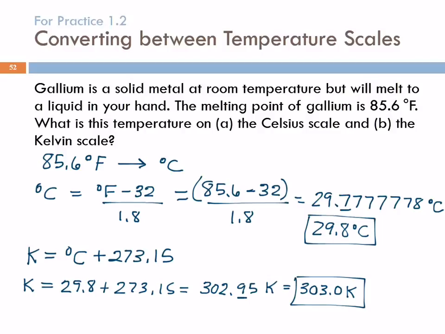Okay, did I do it right that time? When you plug the Celsius into the Kelvin equation, do you use what you rounded to, or do you use what you had in your calculator before? That's a good question. We should use the unrounded number, and that's how I ended up with that number.